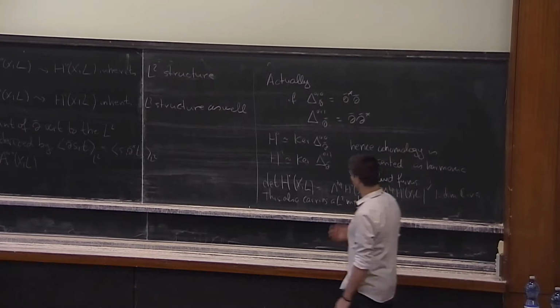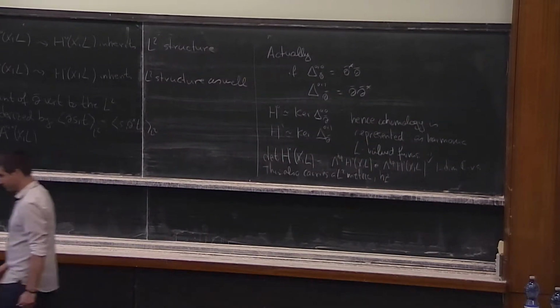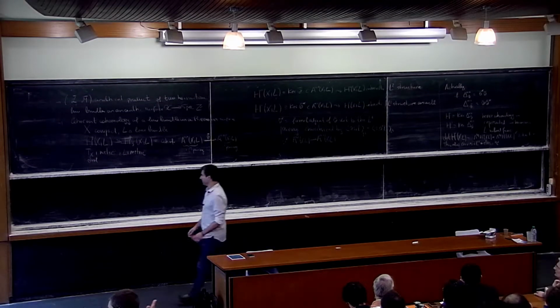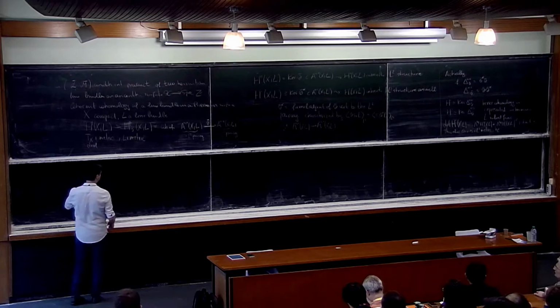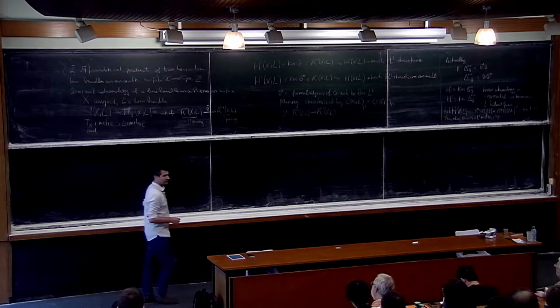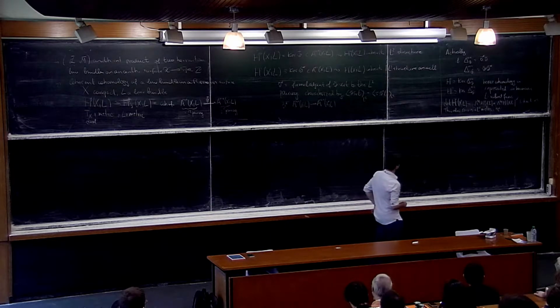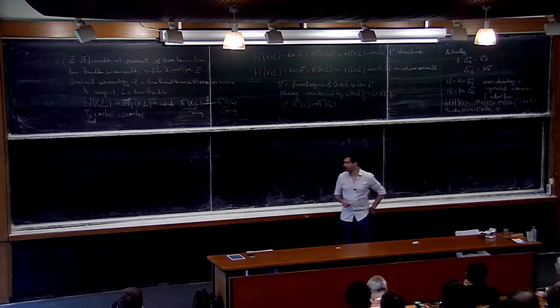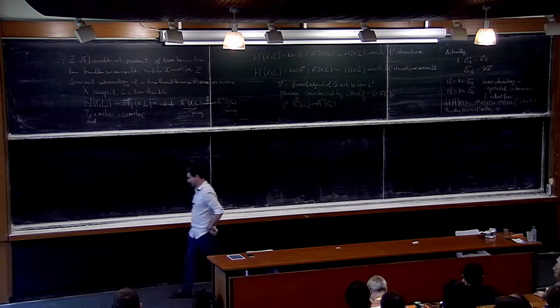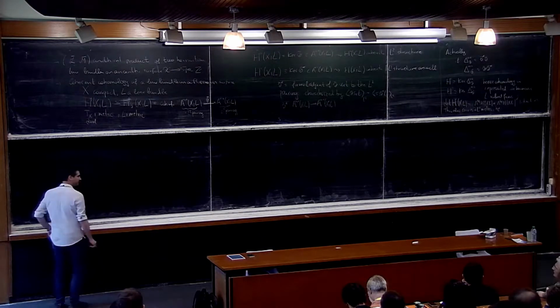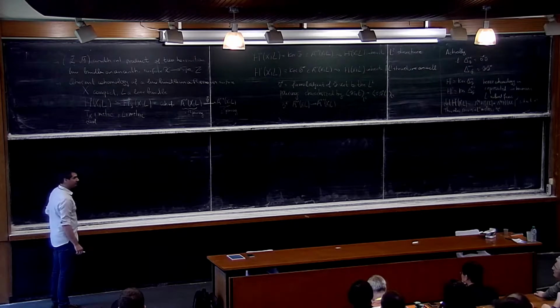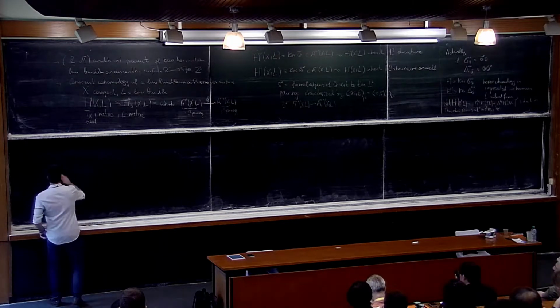So we have used Hodge theory to define this L2 metric, and it looks like a good candidate for a metric on the determinant of cohomology. But what happens in the arithmetic Riemann-Roch theorem is that this is actually not enough. So you need to take into account more.